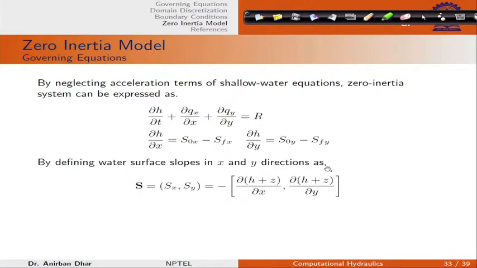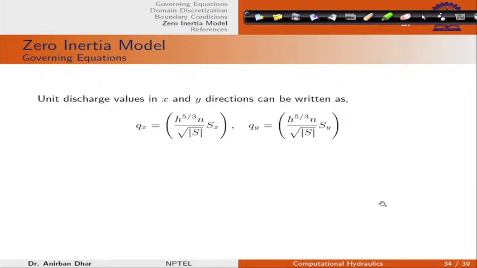Now, if I combine this Sy and Sx, these are related to water surface slopes, and if I equate the water surface slopes with the energy slope, then I can write this simple equation there.